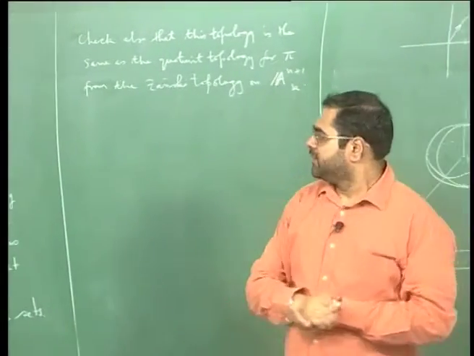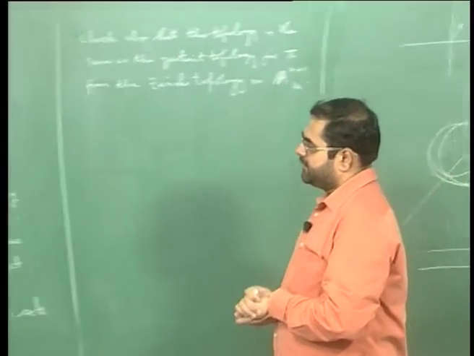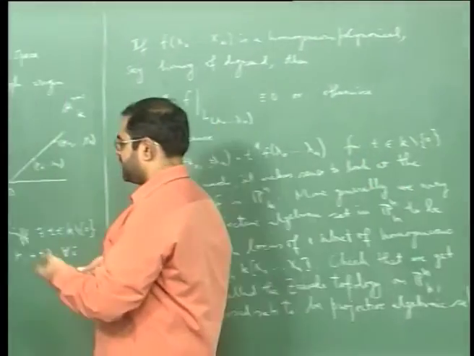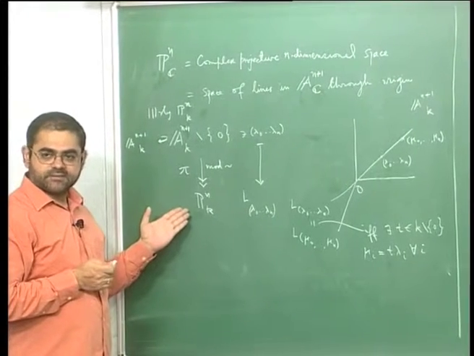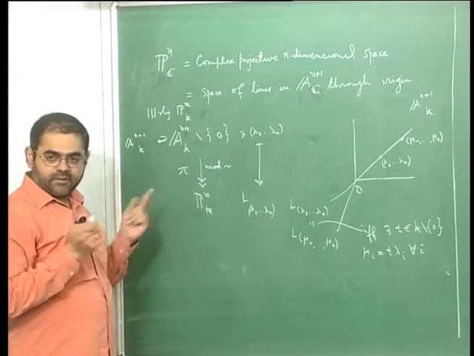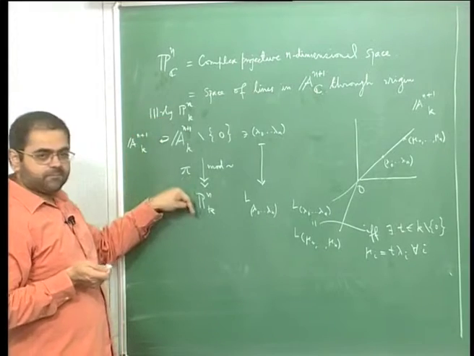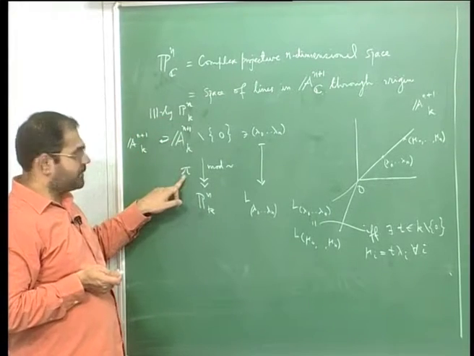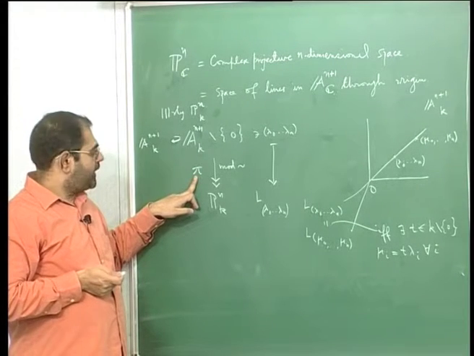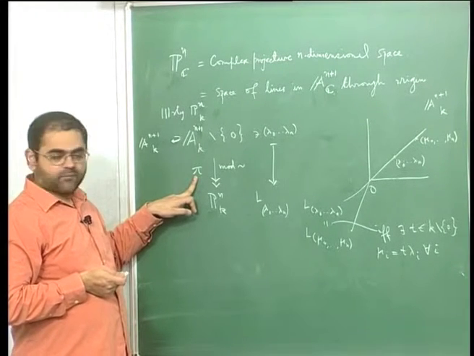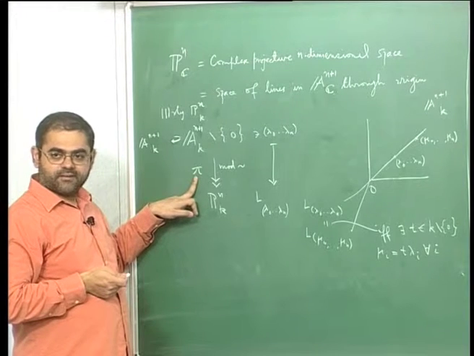Okay. So the moral of the story is that you can get a Zariski topology on this in two ways. Either you take the quotient topology, I mean it is a topology that makes this map continuous, and that is one definition.